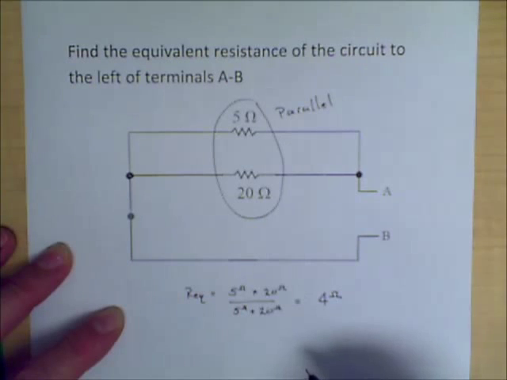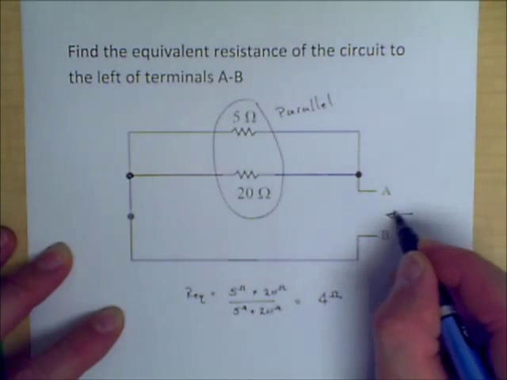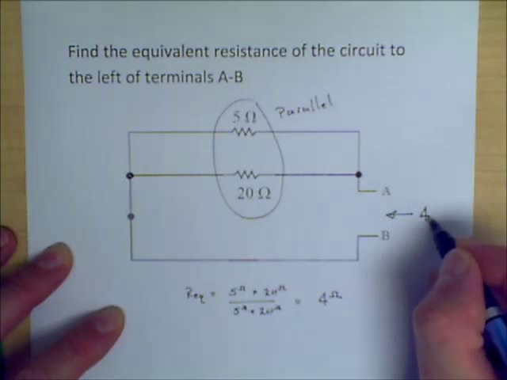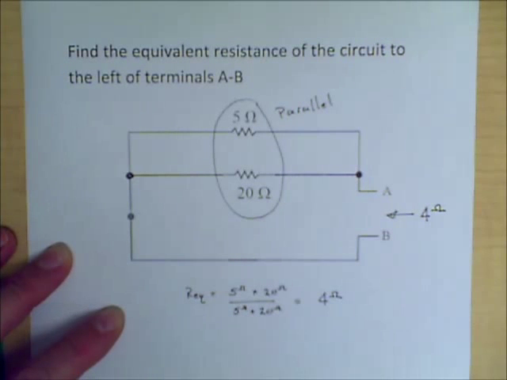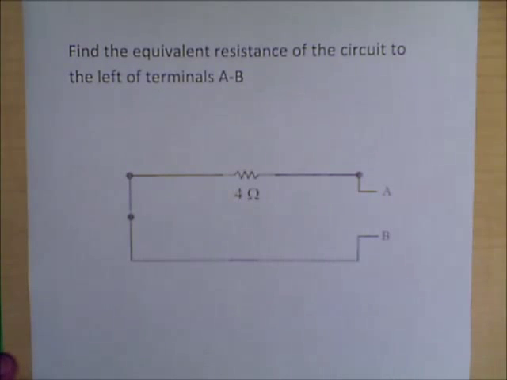And so therefore the equivalent resistance looking in through the terminals A and B is a total of 4 ohms. And we can demonstrate that by that equivalent circuit. And so this is our final answer.